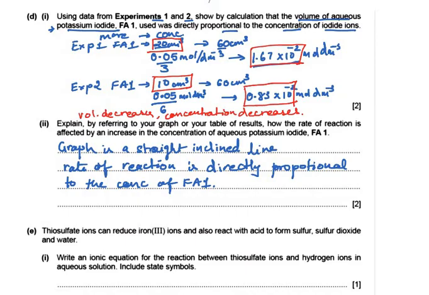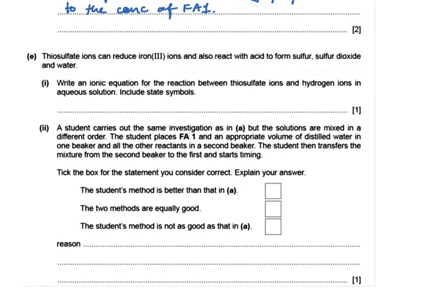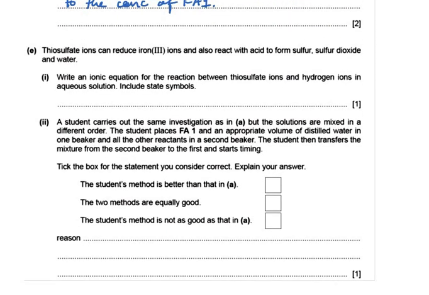Now let's go ahead with the last sub question, where it says that the thiosulfate ion can reduce iron(III) ions and also react with the acid to form sulfur, sulfur dioxide and water. Write an ionic equation for the reaction between thiosulfate ions and hydrogen ions in aqueous solution, include state symbols.